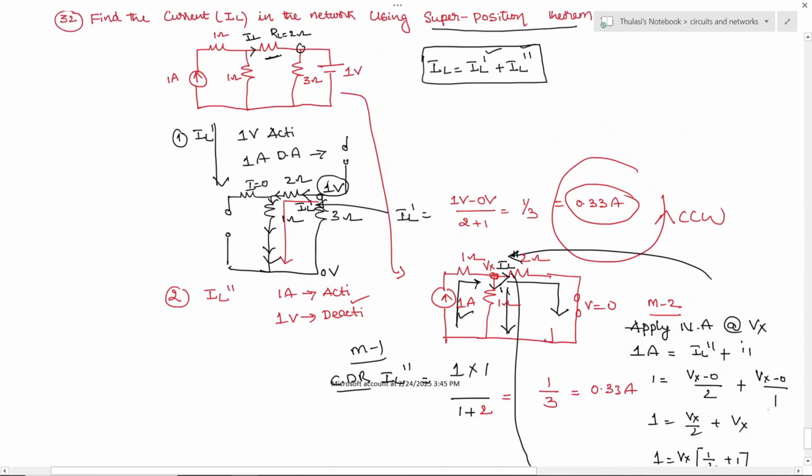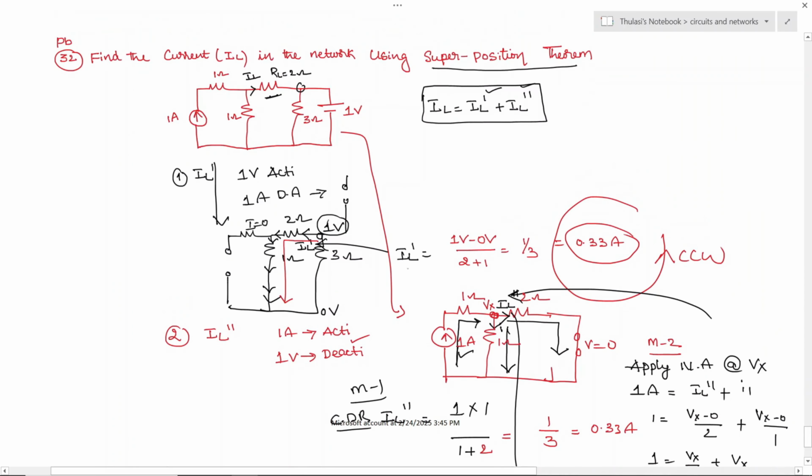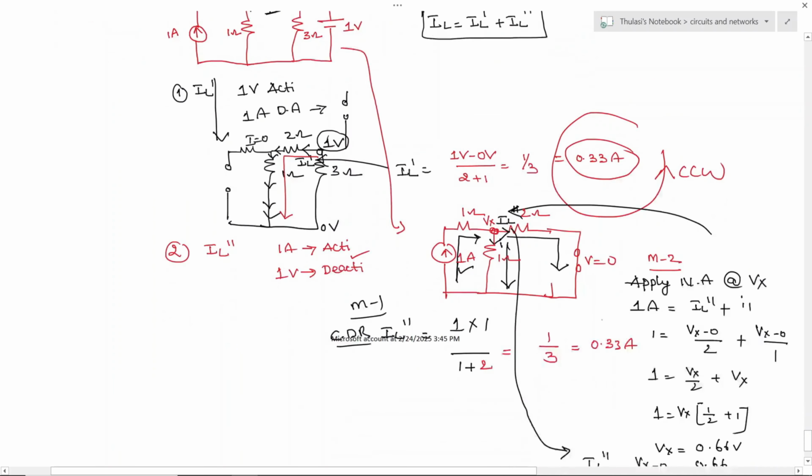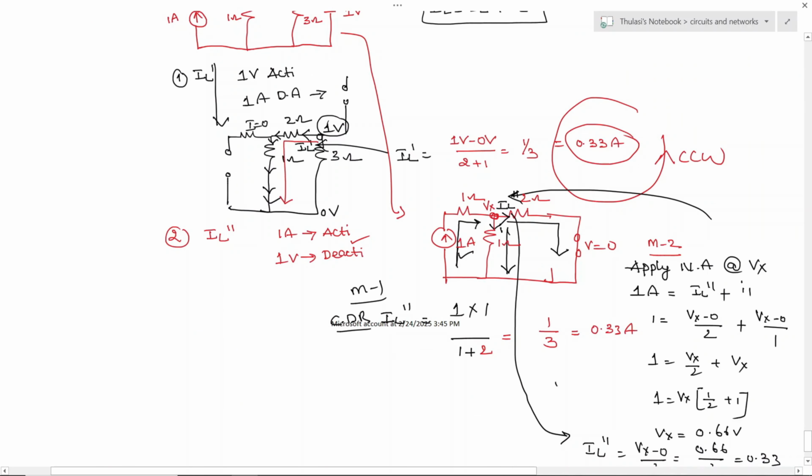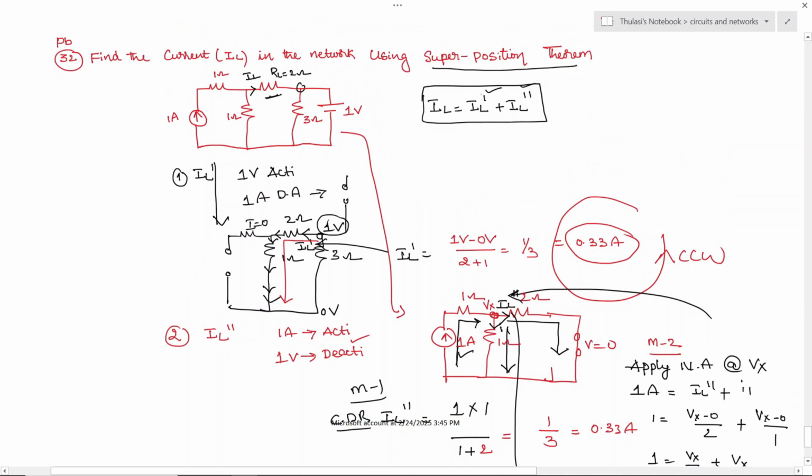Okay. So when you see these two sources, one current is flowing in the clockwise direction, and another current is flowing in the counterclockwise direction. Both are opposite. Therefore, here you will get a negative sign.